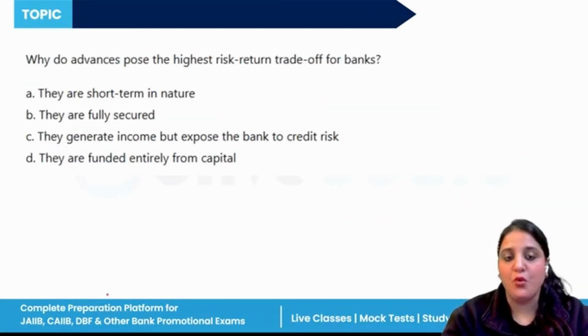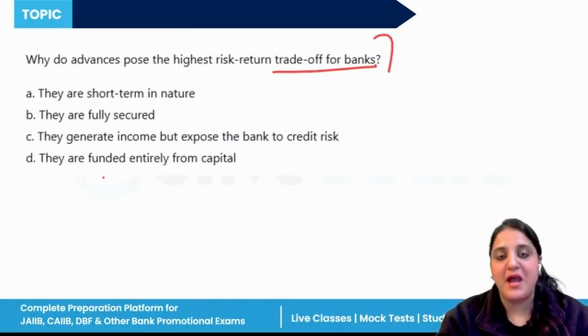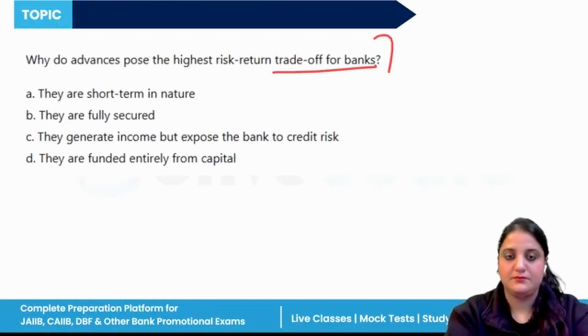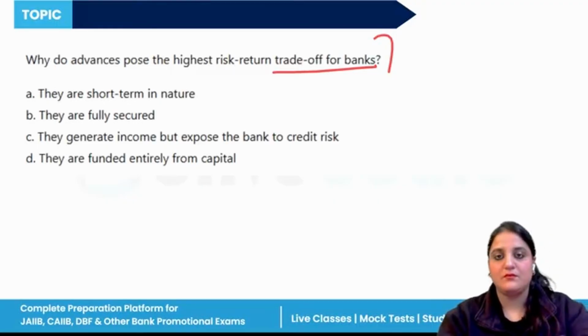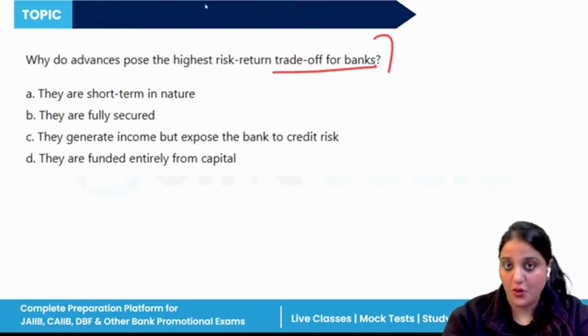Now, why do advances pose the highest risk return trade-off for the banks? Which option is correct?